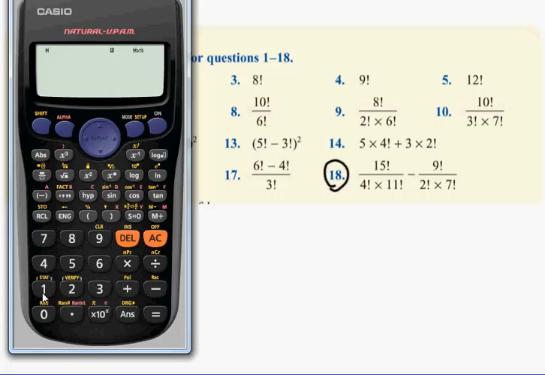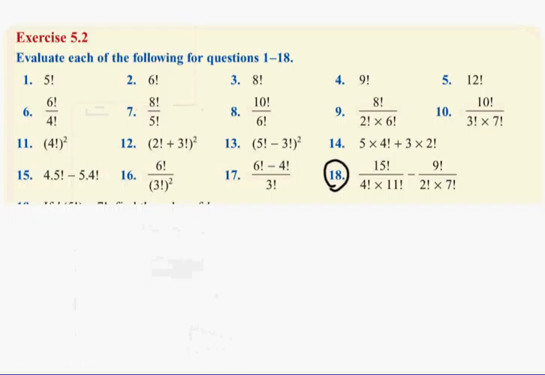I think that fixes it. There you go. Okay, so 15 factorial, the factorial button is here. And then you're dividing that by 4 factorial, multiplied by 11 factorial, and you get 1365.